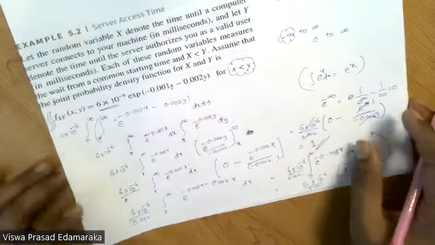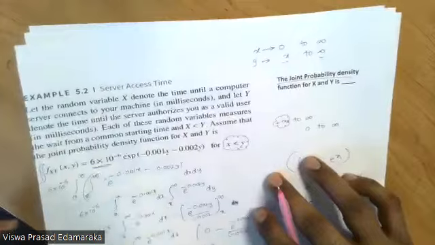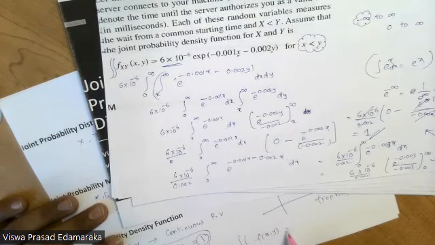Hence it is proved that when we take the double integral of f of x comma y, we get 1.